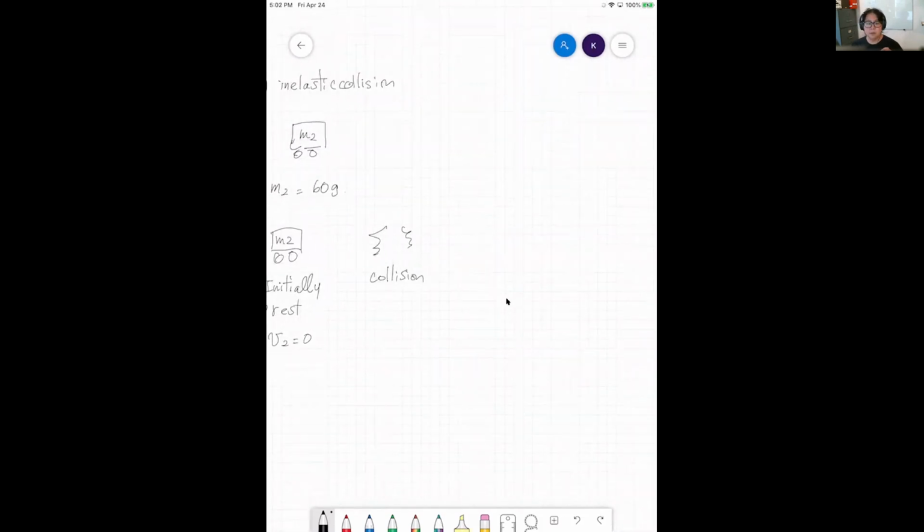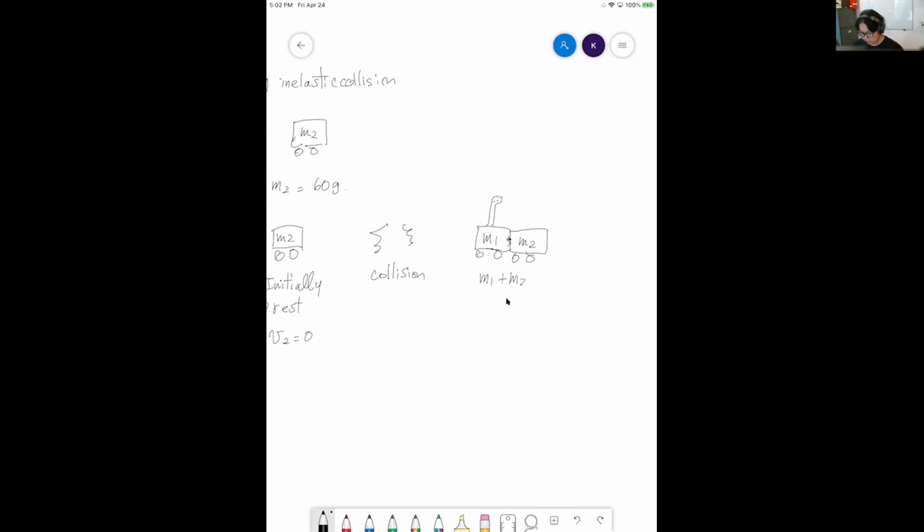What happens to them for the perfectly inelastic collision? M1 and M2 stick together, right? So it becomes M1 plus M2.